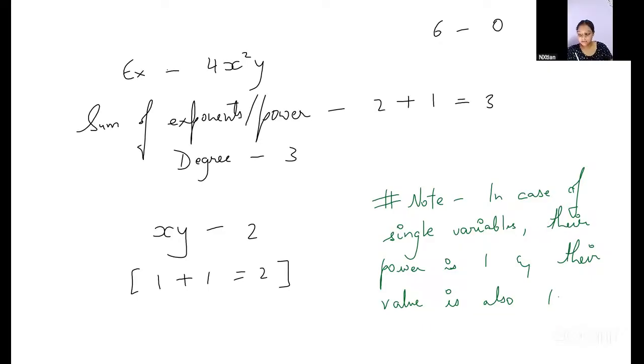Because it is a non-zero constant. Whenever the numbers are there, the degrees are zero, if the power is not mentioned. Also for 5x, the degree will be 1 because only one variable is there.